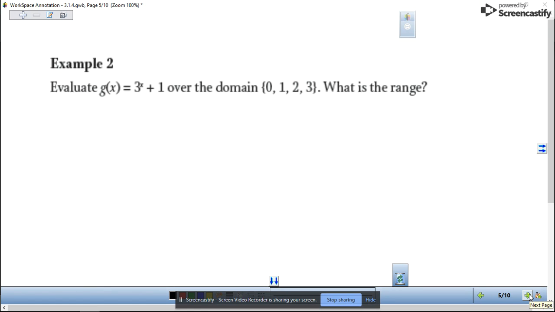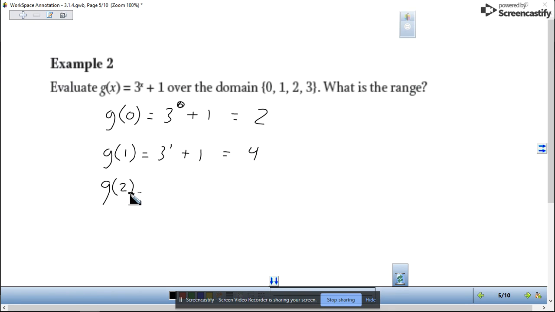All right. Evaluate the next one. This again. This is g of 0. So I want to do 3 to the 0 power plus 1. It's not 6, it's 0. And so 3 to the 0 is 1, plus 1 is 2. G of 1 is 3 to the first plus 1, which would be 3 plus 1, which is 4.